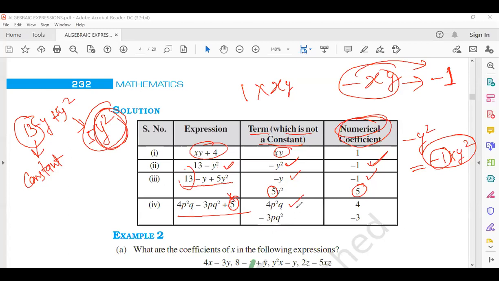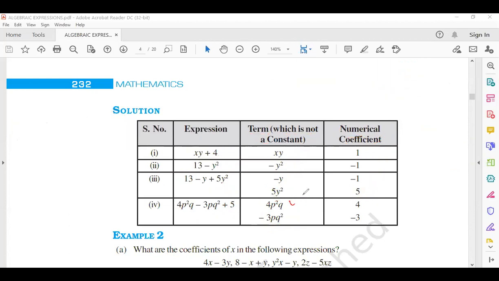Now the problem is students are not able to understand or identify the like terms. Yes or no? So I am clearing the screen, then I will explain this thing. Are you able to identify the terms which are like or which are unlike?